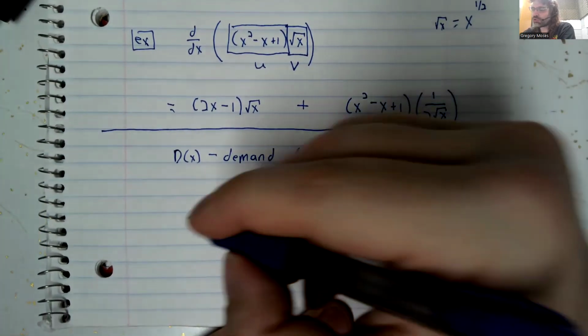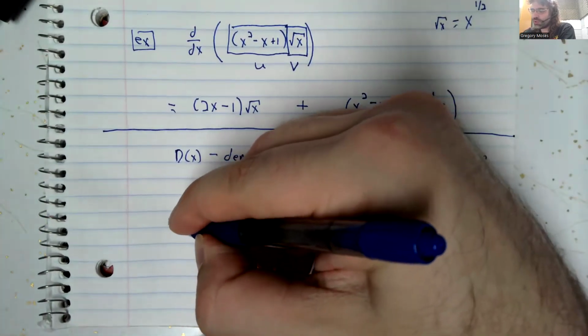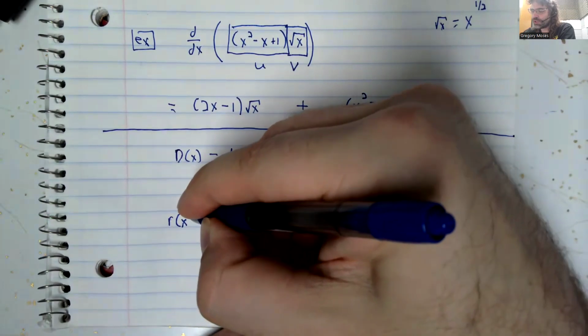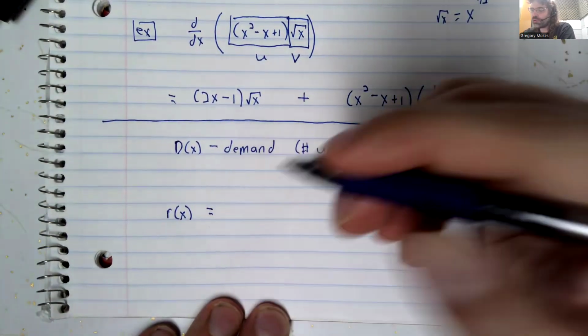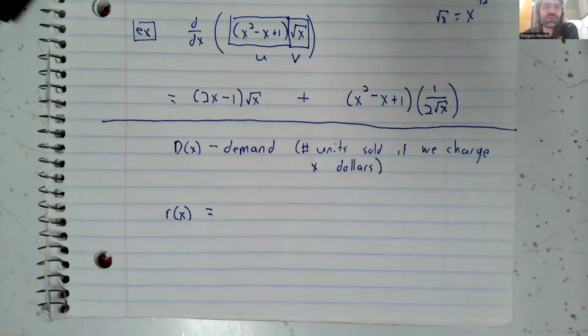Then how much revenue do we generate? Well, revenue is the number of units you sell times the amount you sold them for.